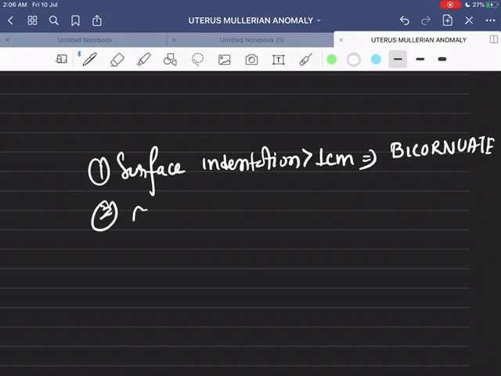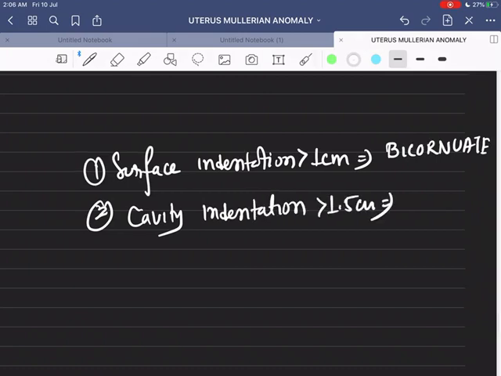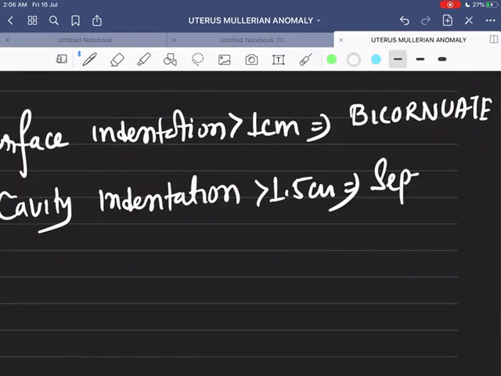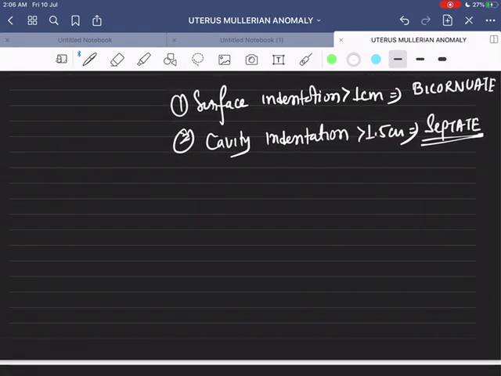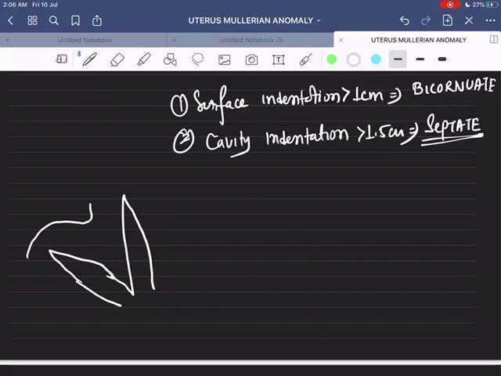If the cavity indentation is greater than 1.5 centimeter, then we call it septate uterus. See, these are two uterine cavities, and this is the outer margin.